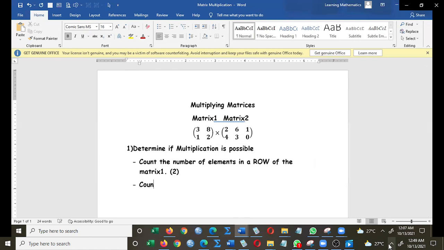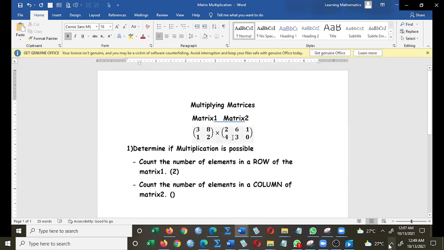Next, we count the number of elements in a column of matrix 2. How many elements are there in a column of matrix 2? So you have 1, 2.